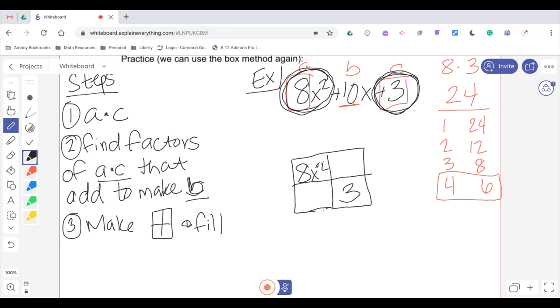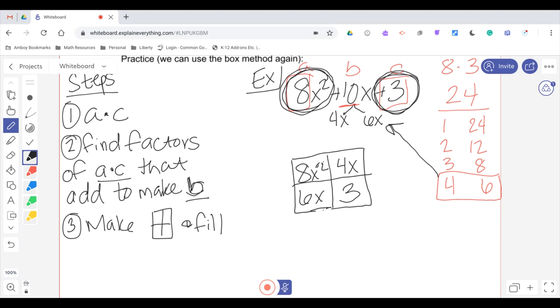For the other two corners, I'm saying, I had a 10x, but I'm trying to split that up, because remember, I'm trying to work backwards, figure out what made this thing. So I'm going to separate it into that 4x and 6x that I've discovered earlier. Those are going to go into my other two boxes.